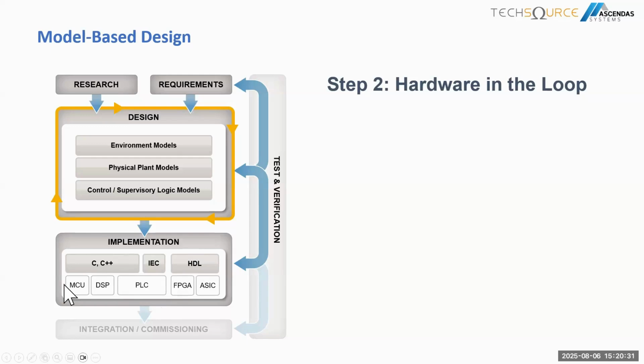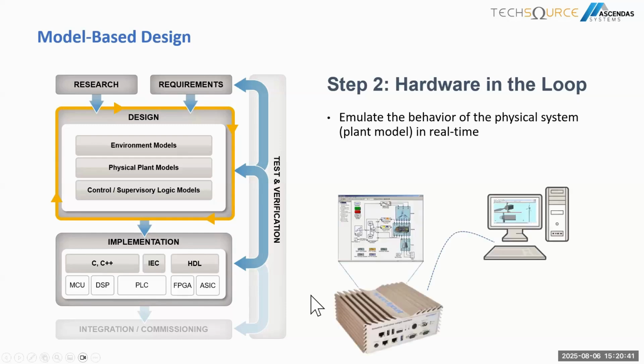So all these codes can be generated from Simulink and then deployed to a hardware and then we do hardware in the loop testing. So this is an example of what I was talking about for hardware in the loop, where we try to emulate the behavior of a physical system.